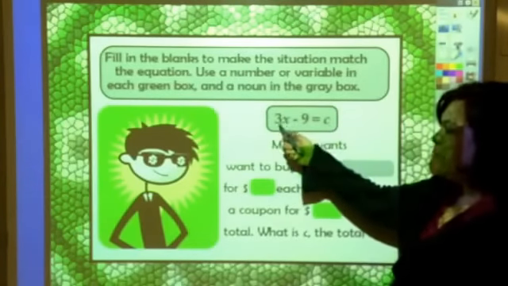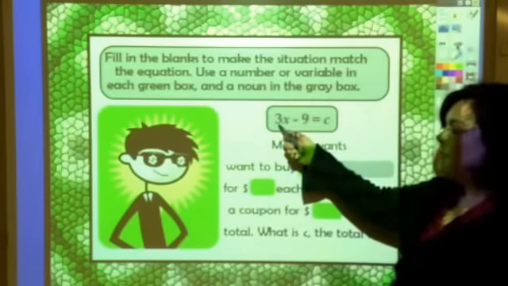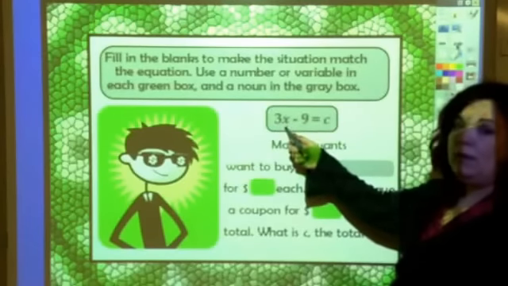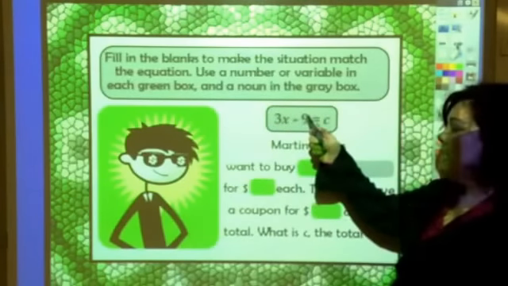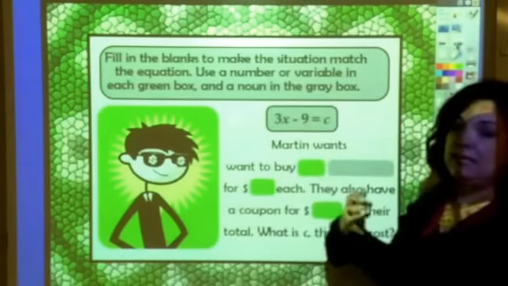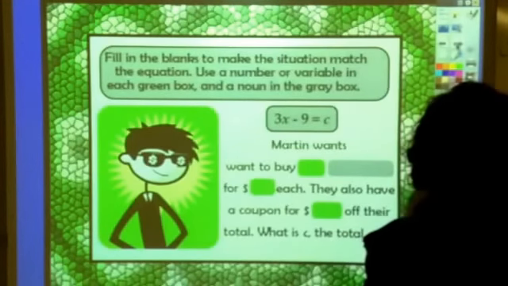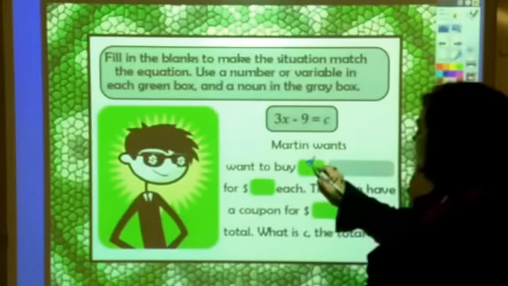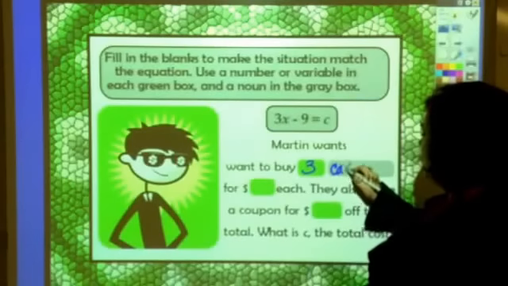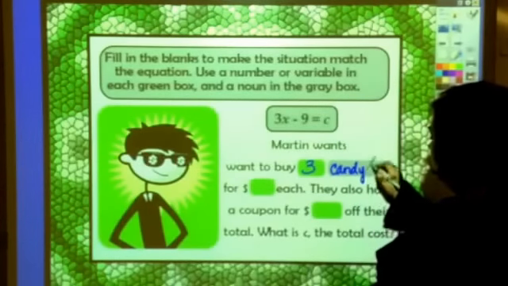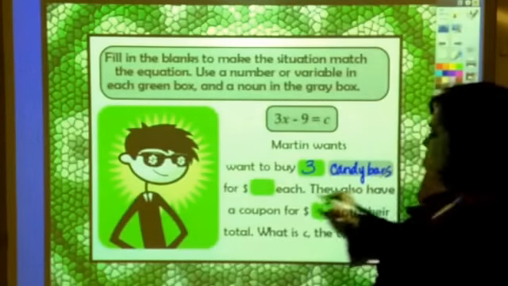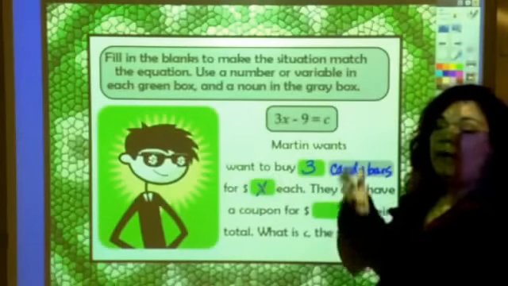So he's buying three of something for a certain amount of money. He has a discount, so that takes away $9. So he wants to buy three, we'll put candy bars, for X each. We don't know what X is.